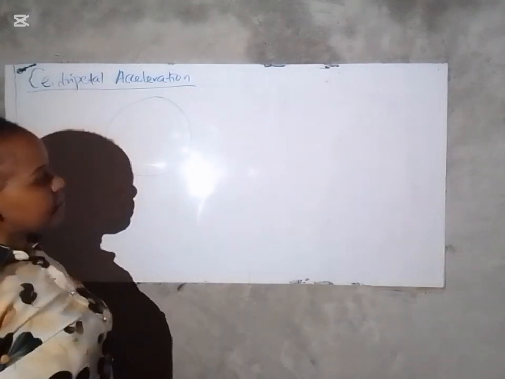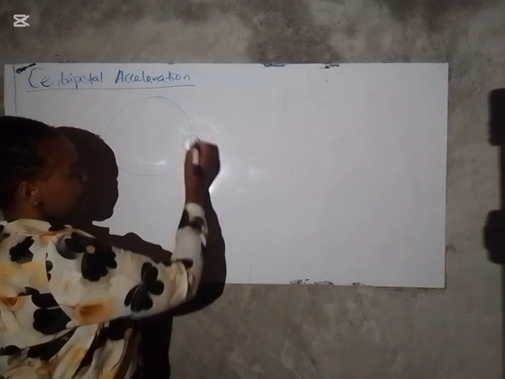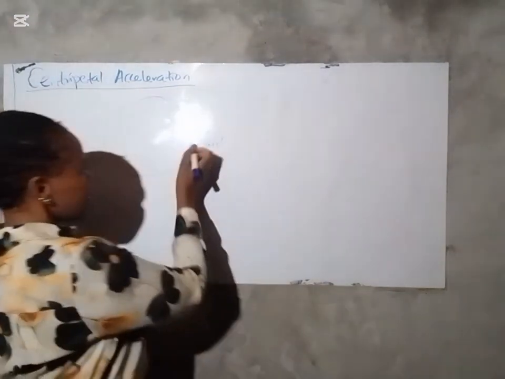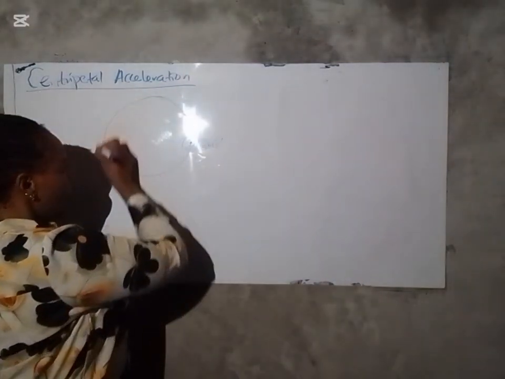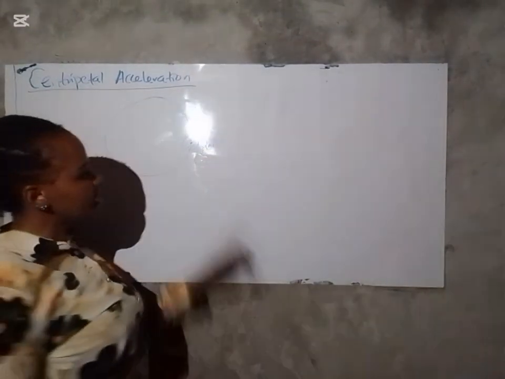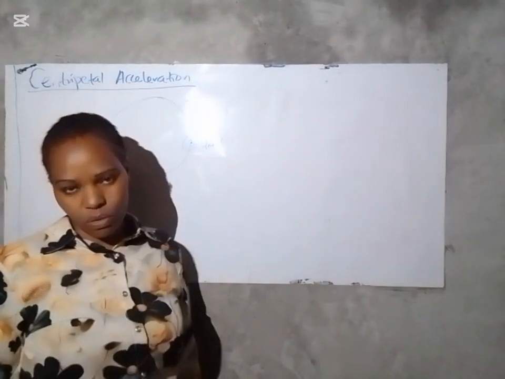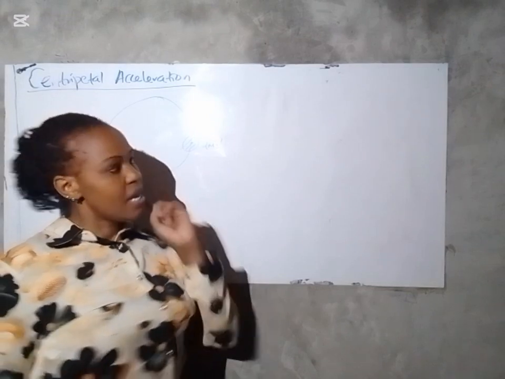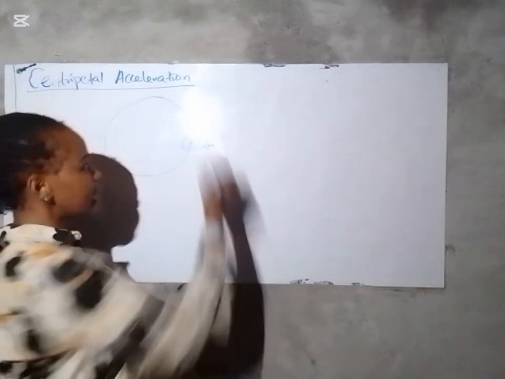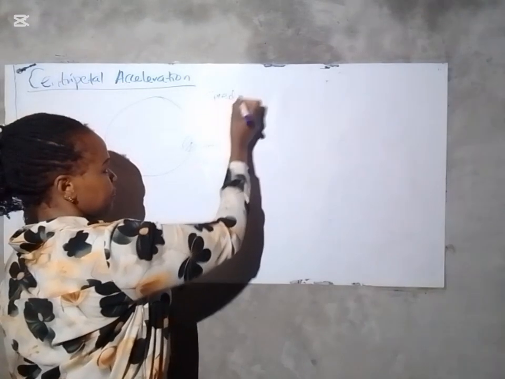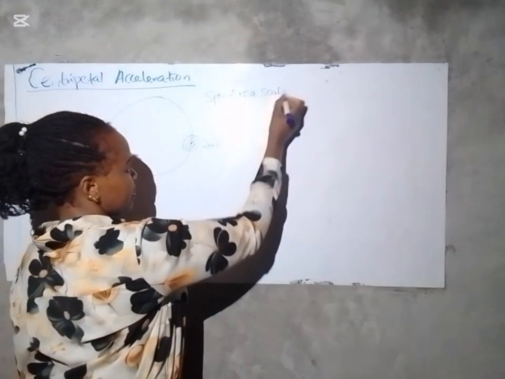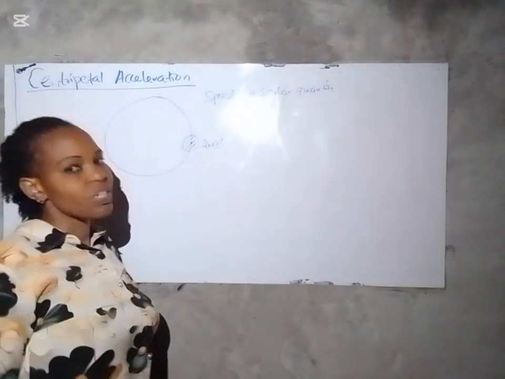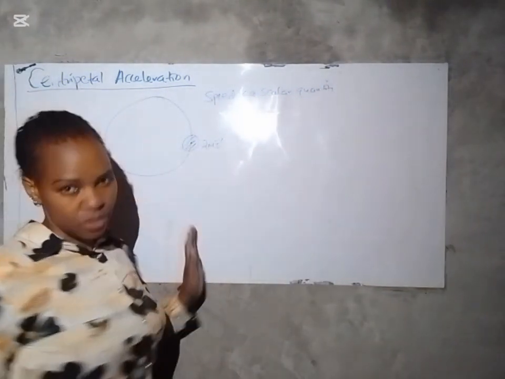The reason is, if it is moving around the circular path at 2 meters per second, then from that point all the way back to the same point, the speed will continue to be 2 meters per second. So it goes around the circular path at constant speed. Remember, speed is a scalar quantity, meaning speed has only magnitude but no direction.